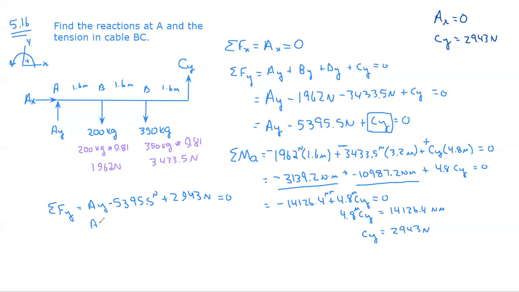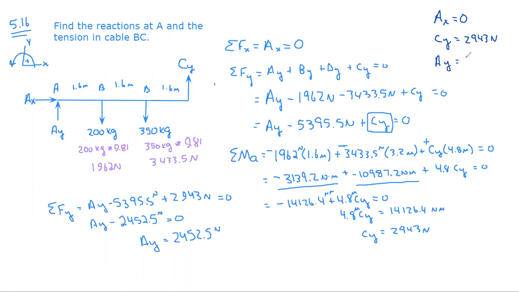Oops, I erased that; one more try. AY minus 2,452.5 newtons is equal to 0, giving us that AY is equal to 2,452.5 newtons. I'll record that up here in what I call the scorecard.